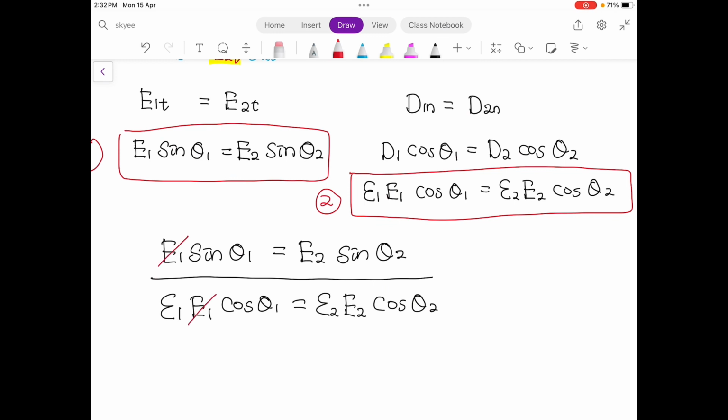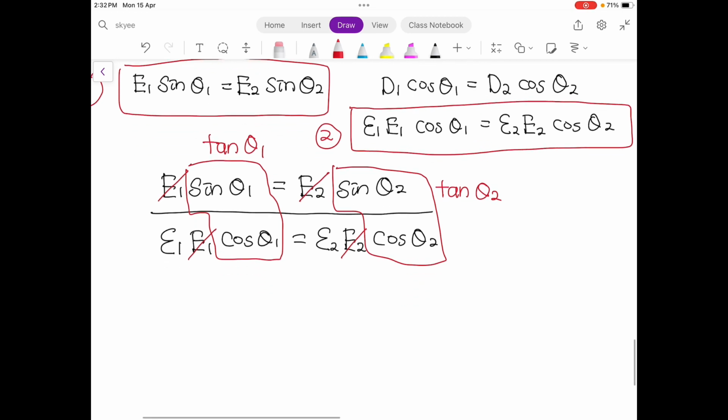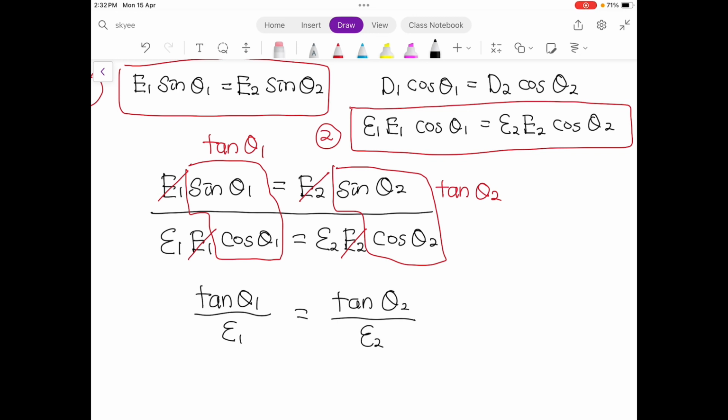We try to simplify it. For this sine theta 1 over cos theta 1, you can replace it with tangent theta 1, and for this part, you can replace with tangent theta 2. So the whole thing will become tangent theta 1 over epsilon 1 equals tangent theta 2 over epsilon 2.